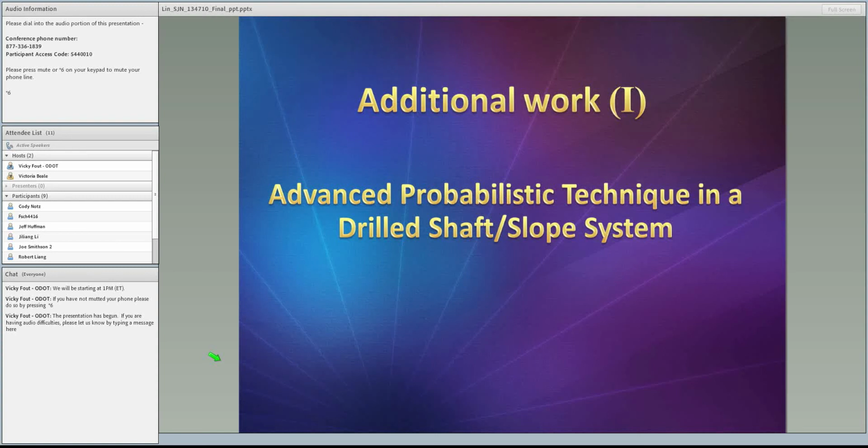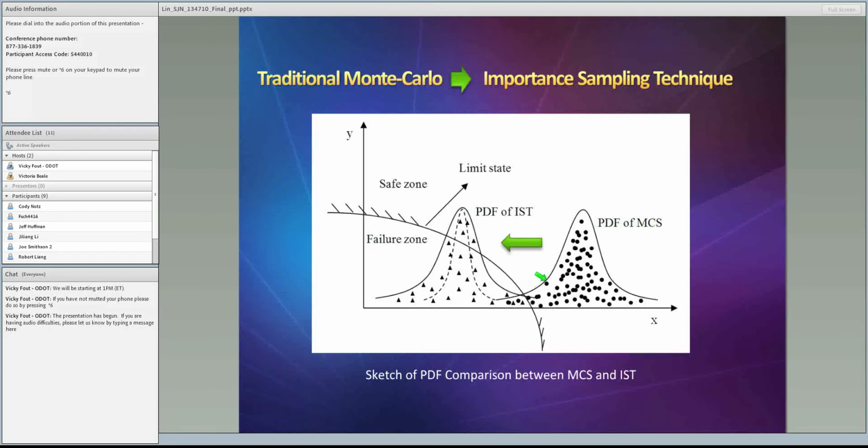However, if we move this probability density function toward the failure zone, for example here, we don't need to generate a large number of samples, but we can take some soil samples into the failure zone, which means it can dramatically reduce the calculation times. So that's the basic theory for the importance sampling. This point is called the importance point.